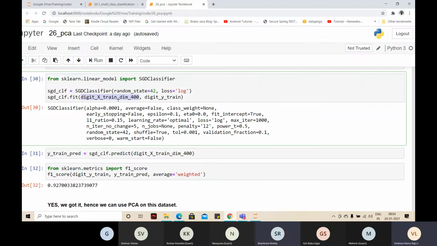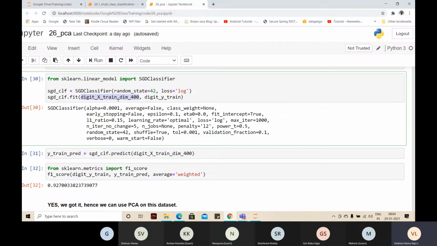Like the same thing we discussed yesterday. See, PCA is extracting the essence of the multi-collinear columns. Once it extracts, it creates independent columns.